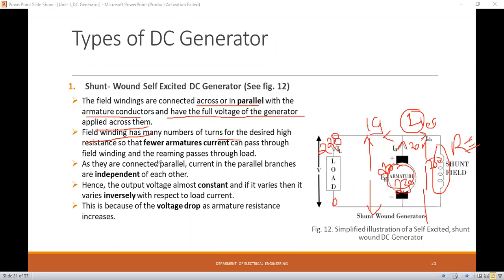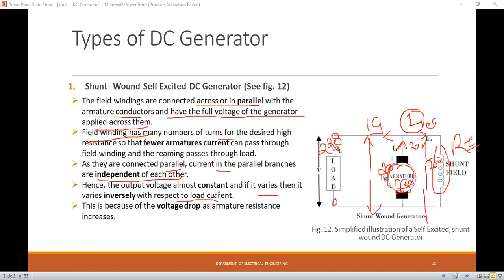Okay, as they are connected in parallel, current in the parallel branches are independent of each other. म्हणजे parallel branch मधला जो काय current असेल, it should be independent of each other. Hence the output voltage is almost constant, and if it varies, then it varies inversely with respect to the load current.